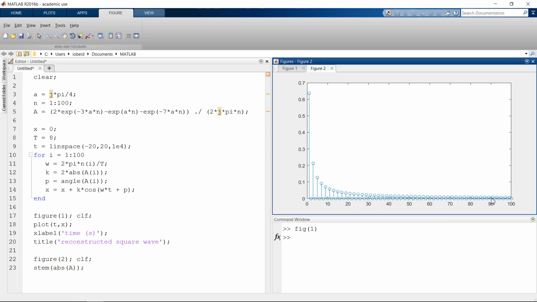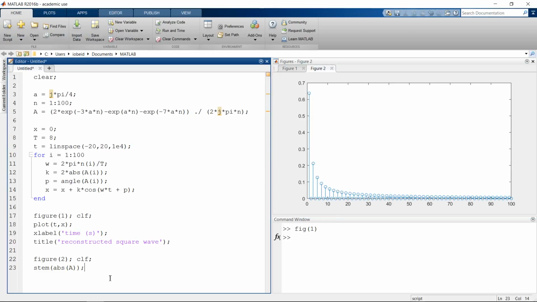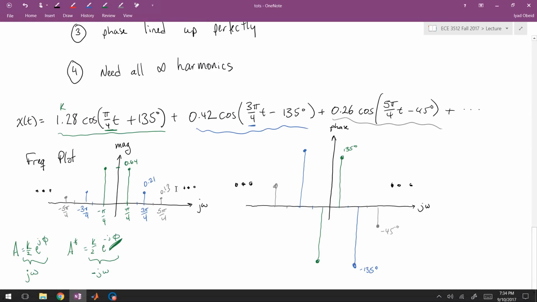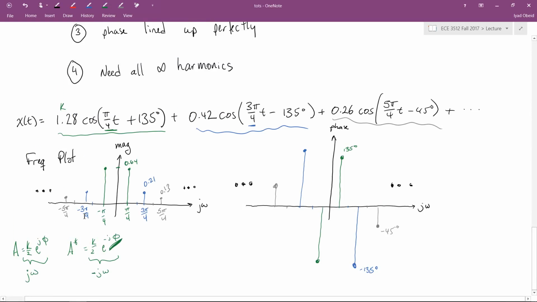What I'm not happy about is the phases, is the x-axis. So right now, if I just say, give me the stem of A, it's just going to plot it versus index number. So this first stick will be, the x value is 1, because it's the first element in the array. And this stick will be at 3, because it's the third element of the array. Which is okay, but what I really want is frequency on the x-axis.